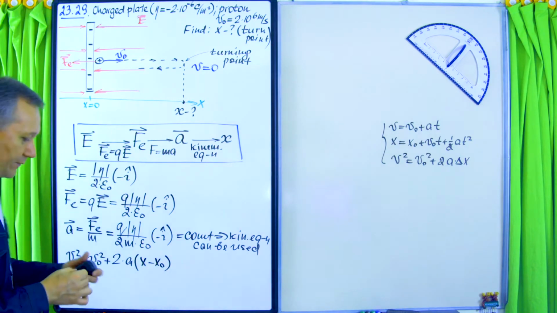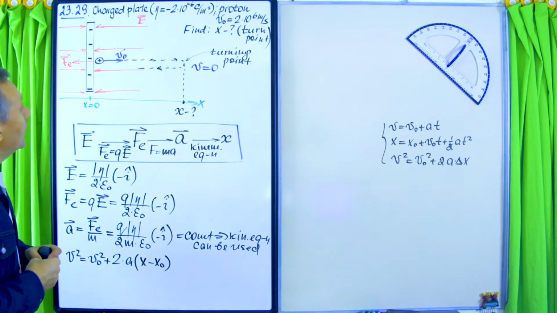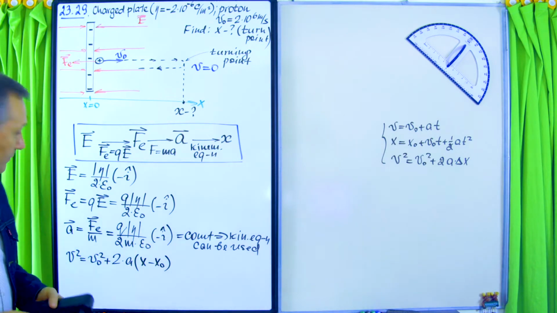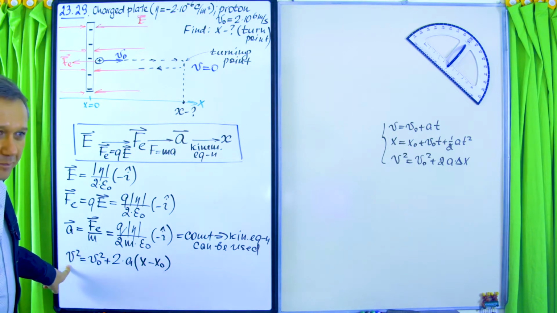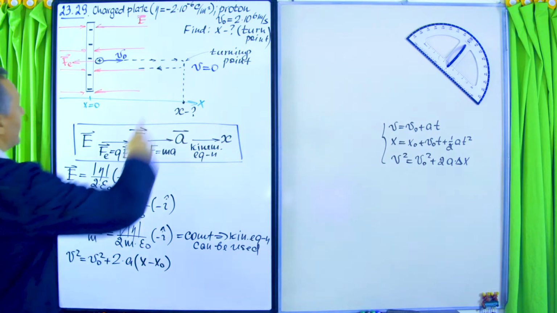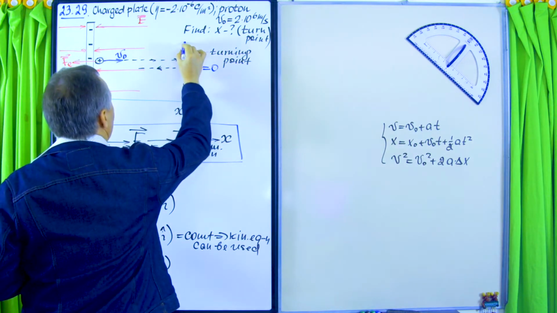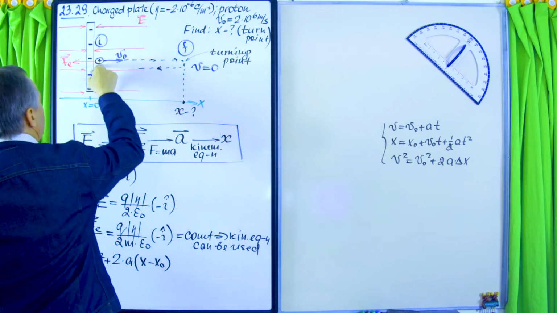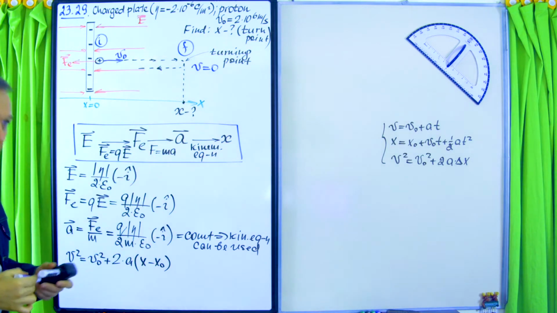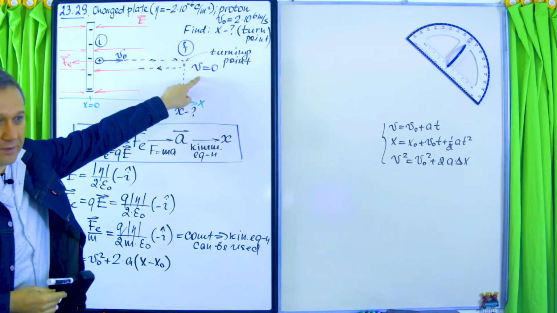Okay, so now let's simplify this equation immediately because we know plenty of information about the system now. Final velocity. What's the value of the final velocity? Our final point, you know what, I should write. So this is our final point, right? And this is our initial point. So it starts here, ends there. Final velocity, 0.